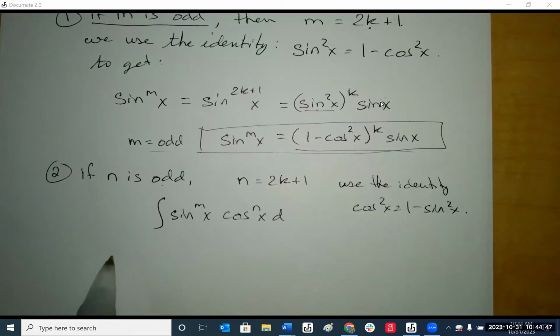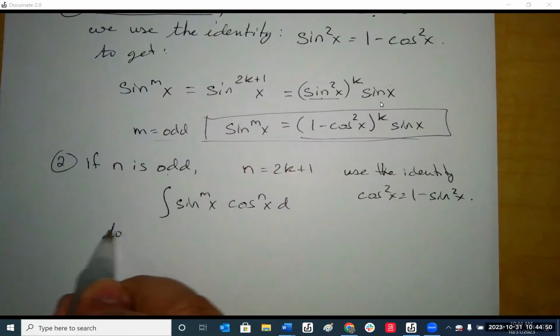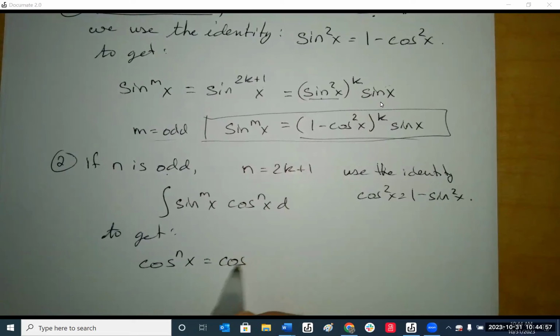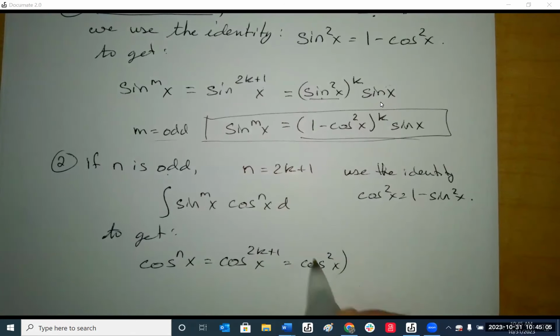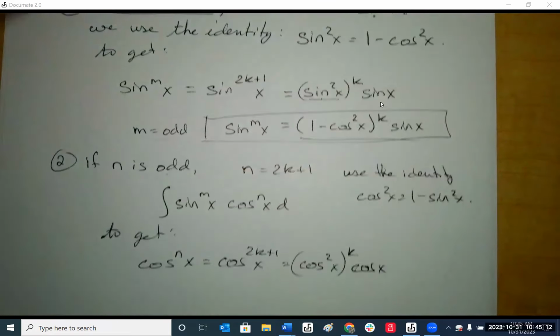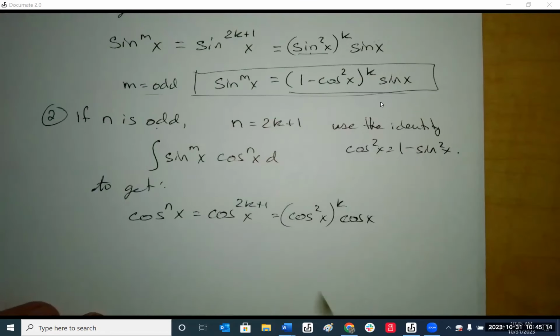So what we have here is our formula: cosine to the n x is equal to cosine to the 2k plus 1 x, which is equal to cosine squared x to the power k times cosine x. Cosine squared is 1 minus sine squared x to the power k, times cosine x.